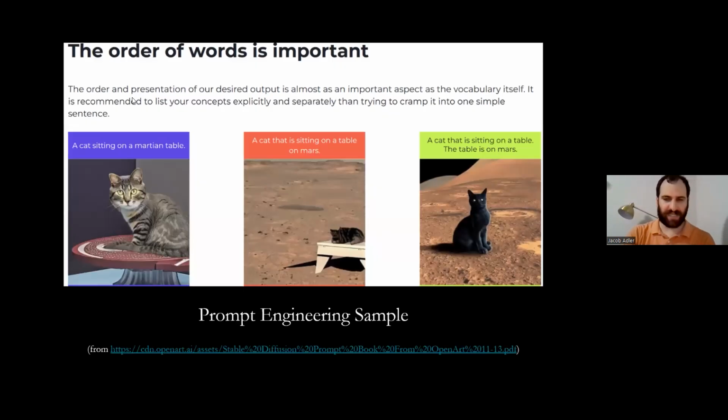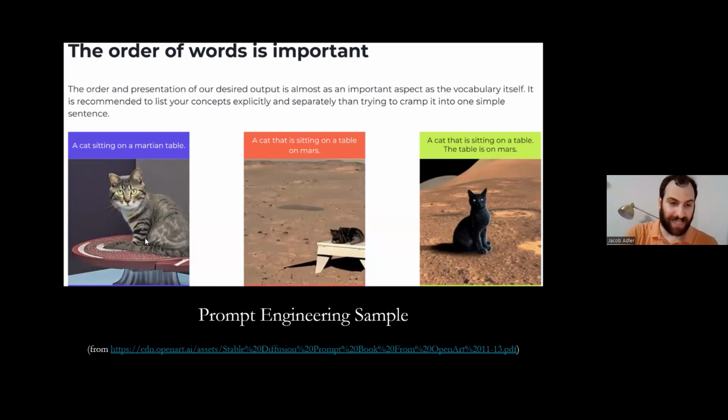Here I have a sample from a prompt engineering guide about an image generator, which is talking about not just word order, but also how you organize the concepts that you're putting into your prompts. So, the one on the left-hand side, for example, says a cat sitting on a Martian table.